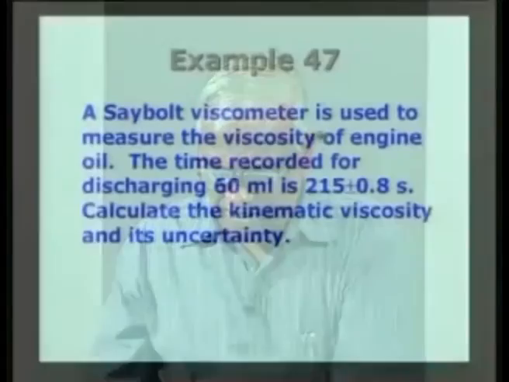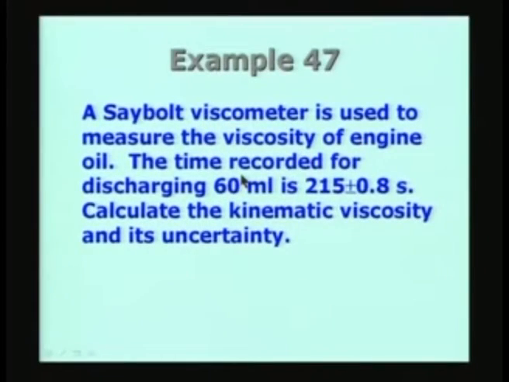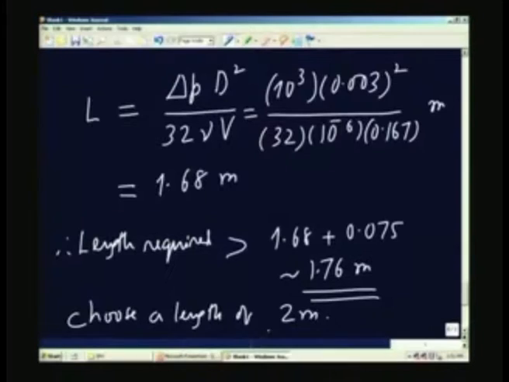So, we are talking about a lubricating oil here, and the time recorded for discharging 60 milliliters is given as 215 plus or minus 0.8 second. This is the experimental uncertainty, 0.8 second is the uncertainty. So, we want to calculate the kinematic viscosity and also determine the uncertainty. I will work it out on the board as usual. So, this is example number 47. It is a simple application of that formula.